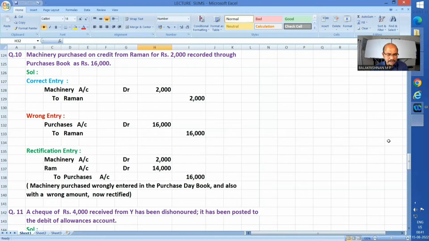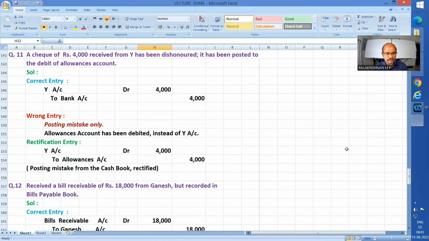And the rectification entry will read like this: machinery account debtor 2,000, Raman account debtor 14,000, to purchase account 16,000. And our narration will be: machinery purchase wrongly entered in the purchase book and also with the wrong amount, now rectified. Okay. Question number 11.